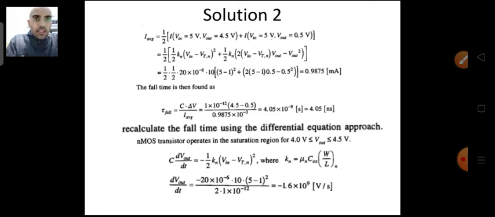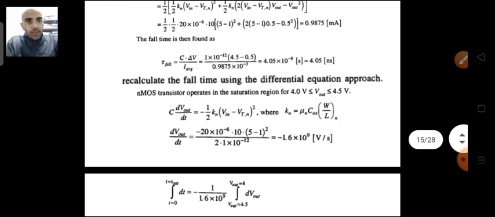This fall time is very easy to calculate if you can find in which region your transistor operates at those particular points. If you find that correctly, then you can substitute the data in the equations and get the value. So the method is very easy.